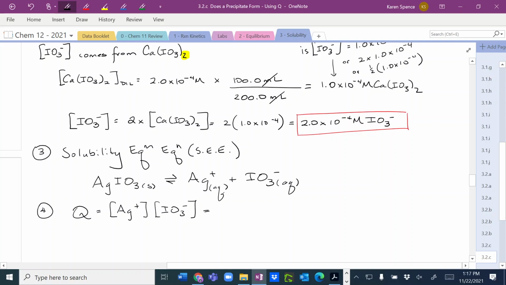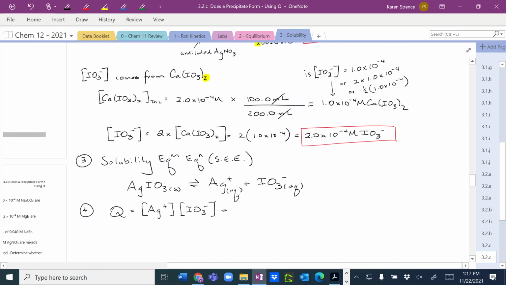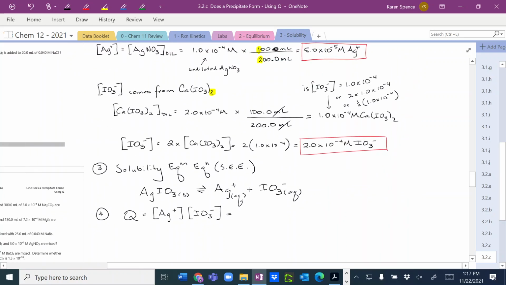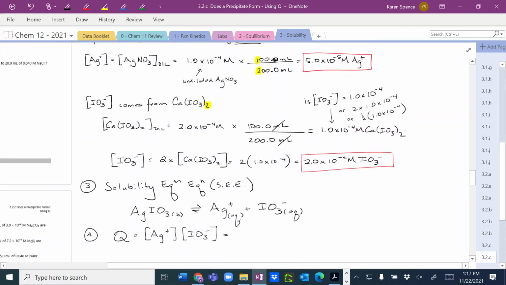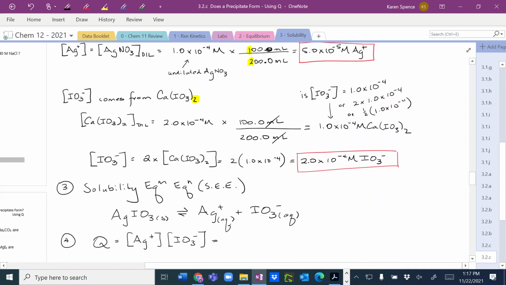Okay, so we say, all right, I'm going to go back and find my numbers. There they are. So we have silver right there is 5.0 times 10 to the minus 5. That's in our first red box. In our second red box, we have iodate 2.0 times 10 to the minus 4.